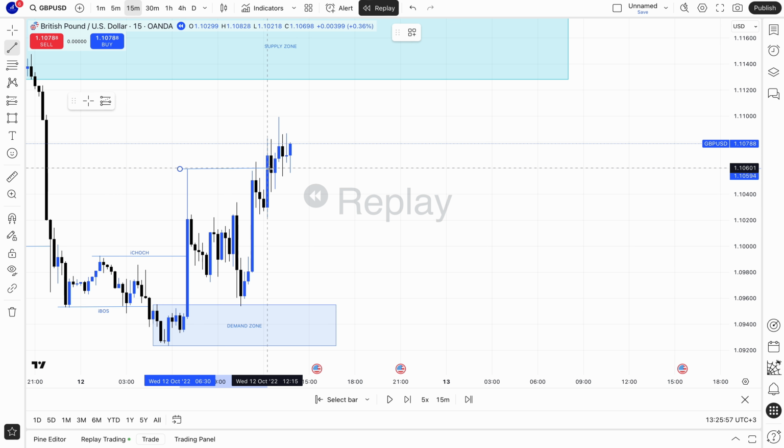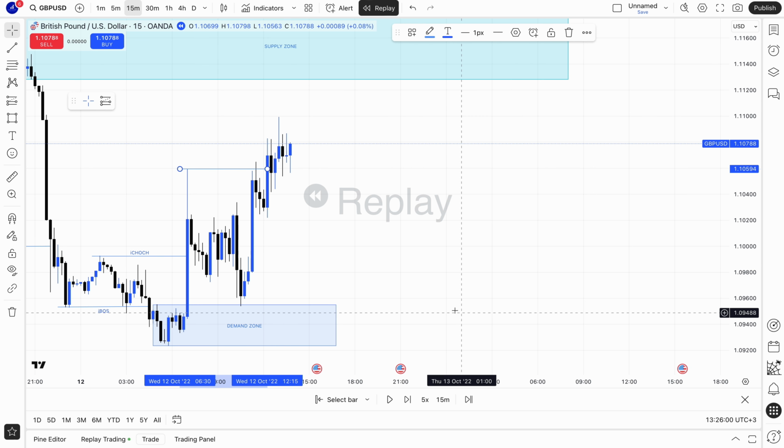And then have our break here, internal structure.